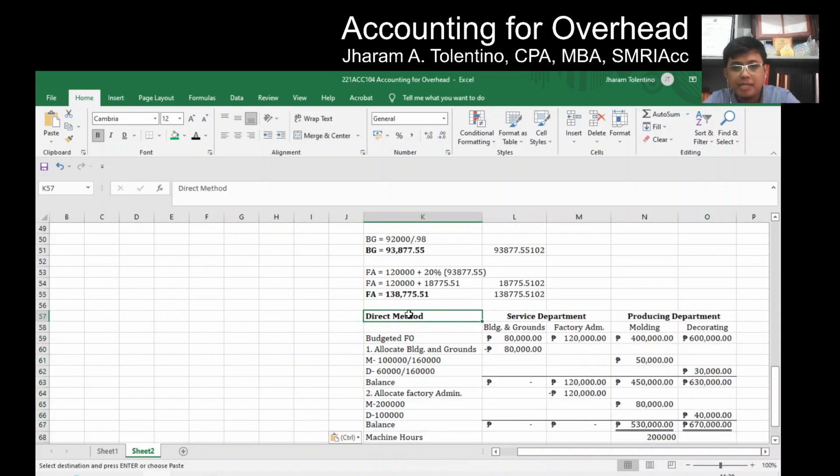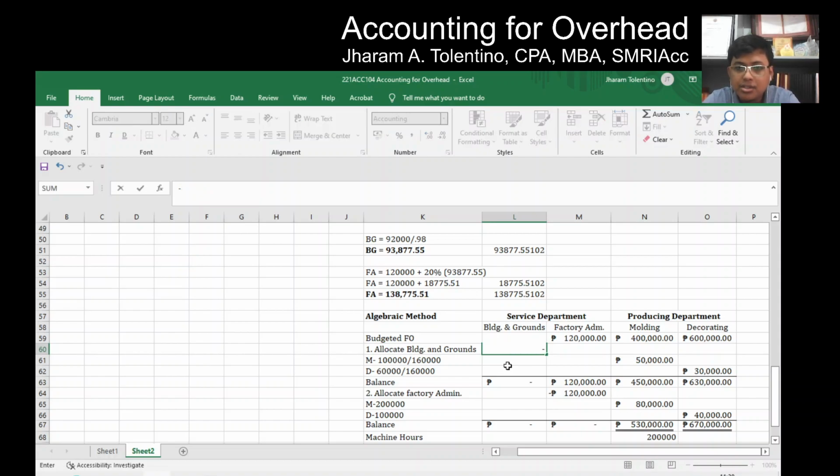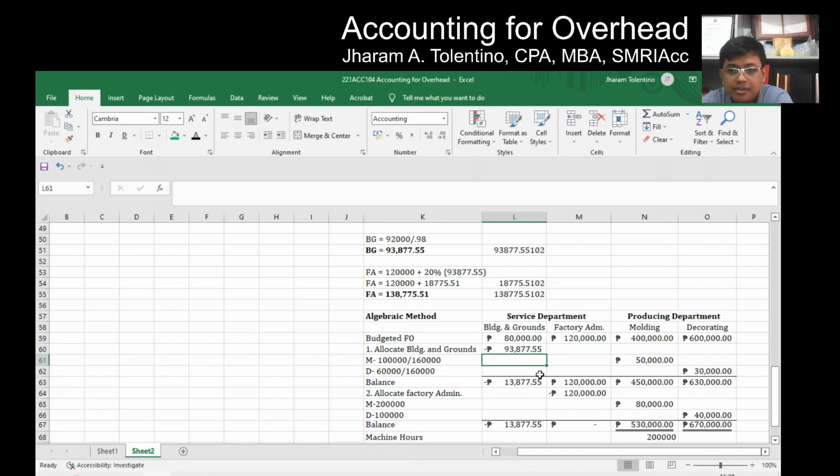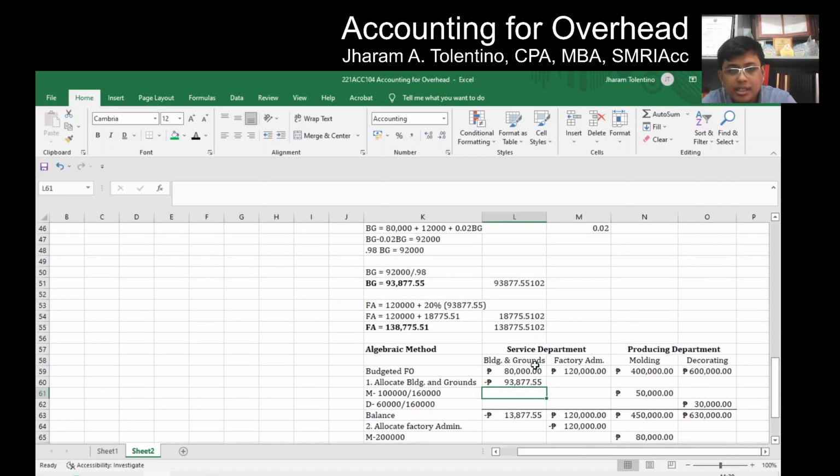So, yung algebraic method, once na complete mo yung kailangan natin, i-allocate mo siya using direct method. Parang direct method. So, this one, instead of 80,000 yung i-allocate mo na building and grounds, ang allocate mo dyan is minus 93,877.55. Ano ba? Ay, hindi. Algebraic. Hindi direct method.